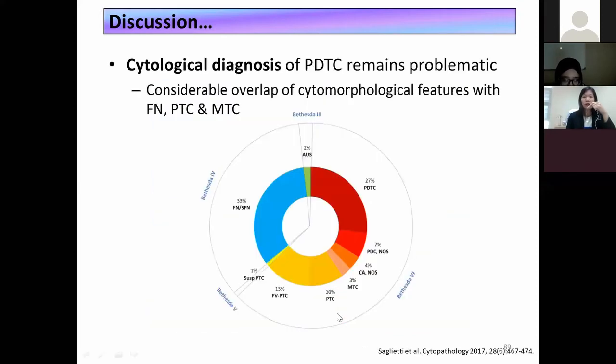Okay, so cytological diagnosis of poorly differentiated thyroid carcinoma is actually very problematic due to the significant overlapping features with follicular neoplasm, PTC, and MTC, medullary thyroid carcinoma.